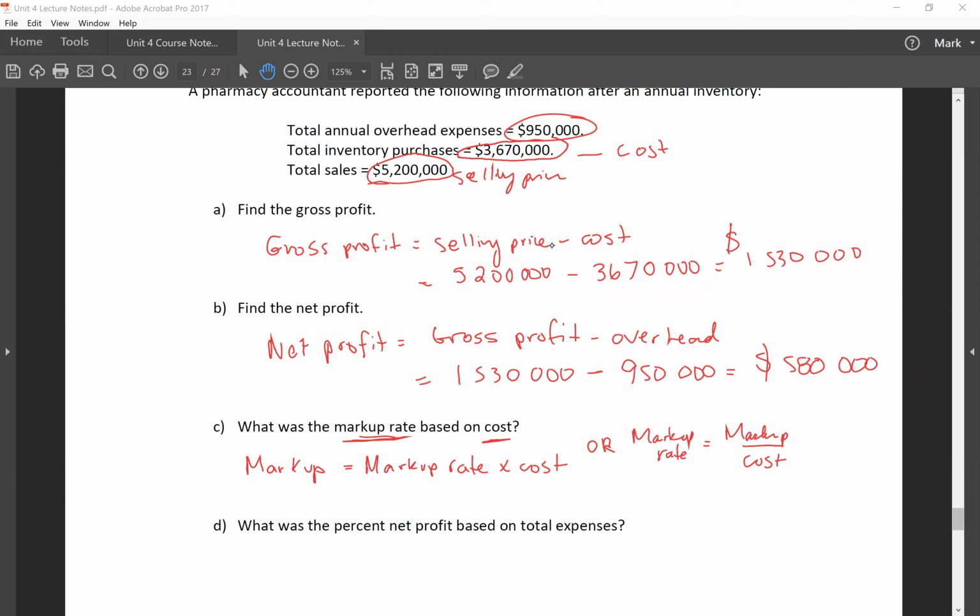So where did that come from? Well, think about what markup is. Markup is basically the same as your gross profit. Like markup is the money you add to the cost, right? And then you sell it.